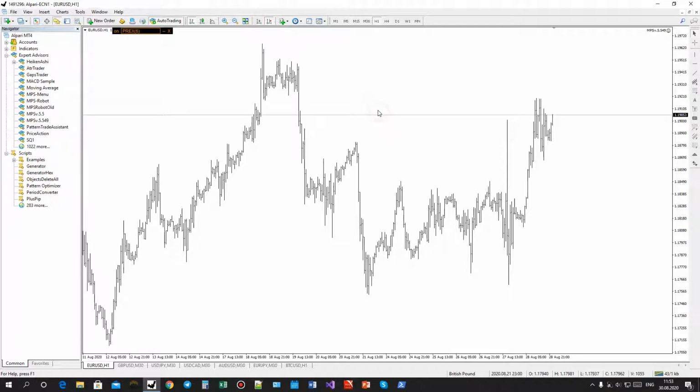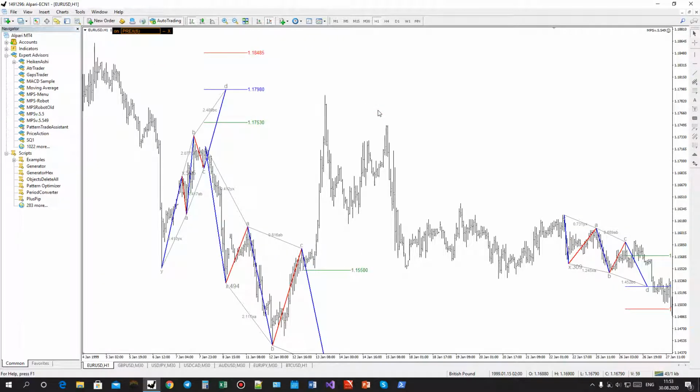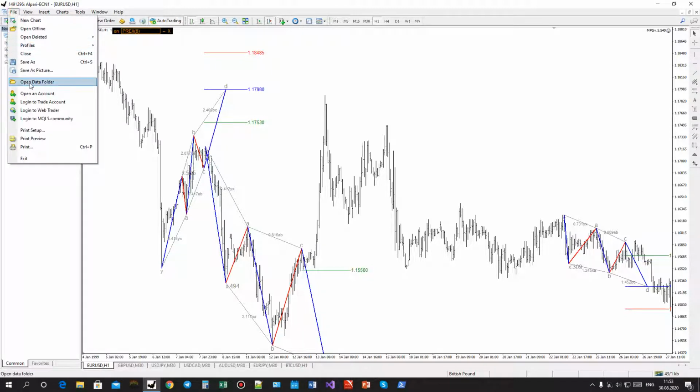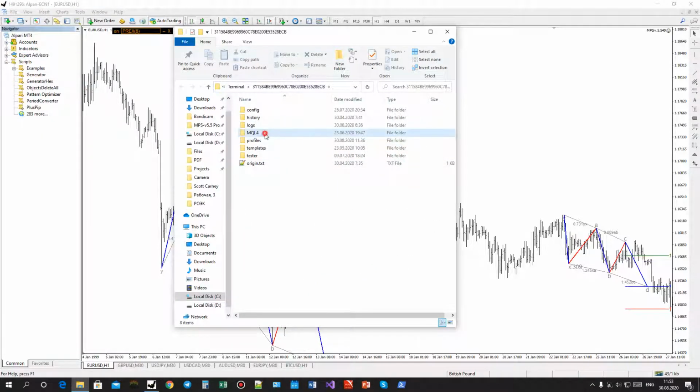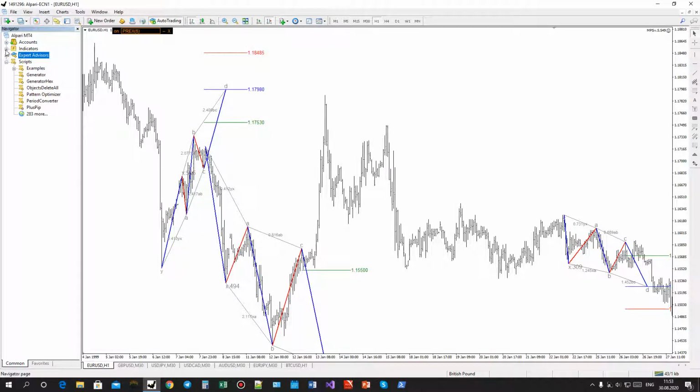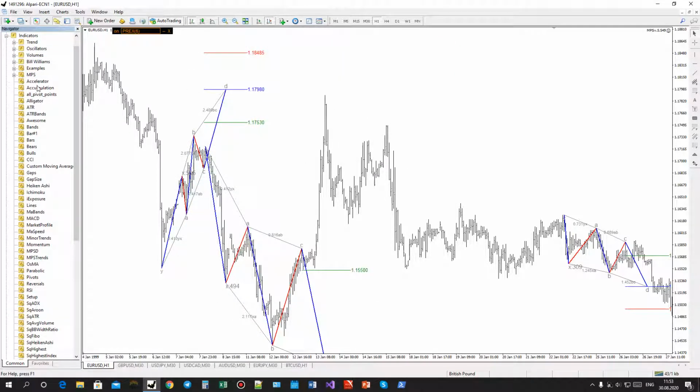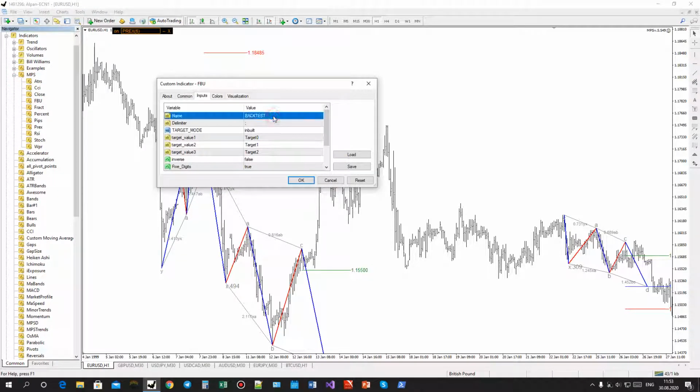Let's go to the first date. We have some patterns already drawn, and let's create some files. Let's open the other folder, MQL4 files. We have the Bitcoin backtest file, nothing else. Let me attach the backtest accelerator, which is called Fast Backtest Utility.